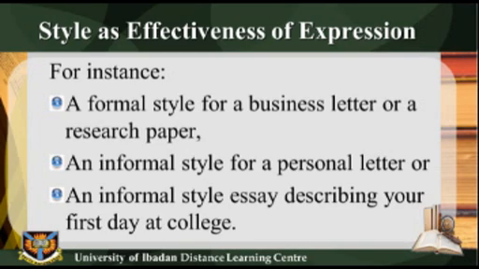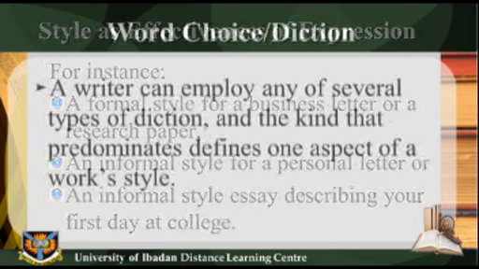Central to style is an author's diction. Diction, in a narrow sense, means word choice, but in a broader sense, it refers to the overall character of language used in writing or speech and includes vocabulary and syntax.